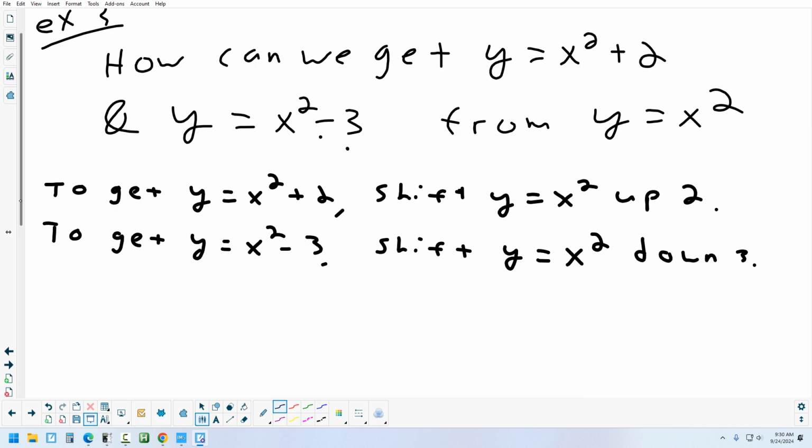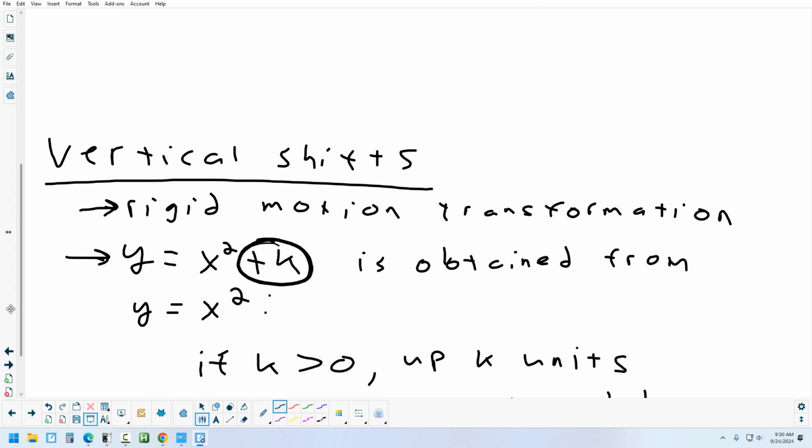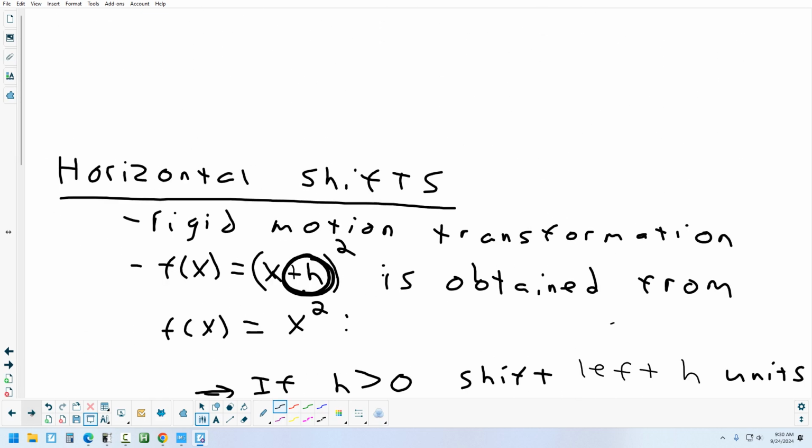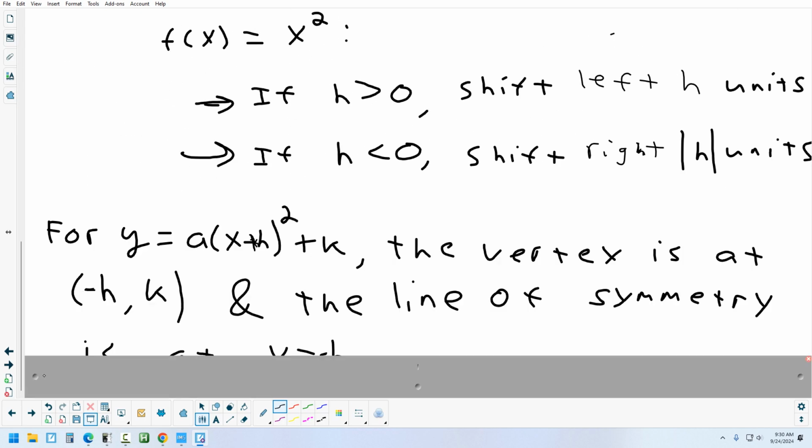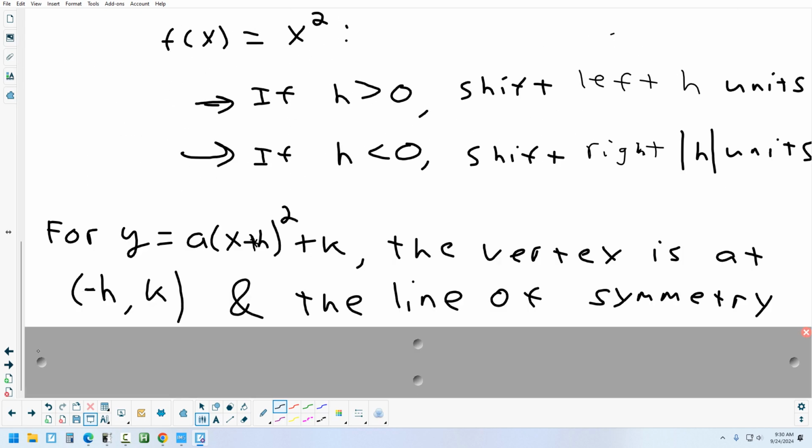And which way does k move the vertex? Up or down. Yep. So if we want to figure out where our new vertex is, there's a formula that we can use after we've moved it left and right. Using the formula, it's negative h, comma, k.